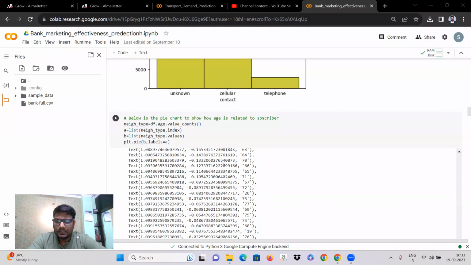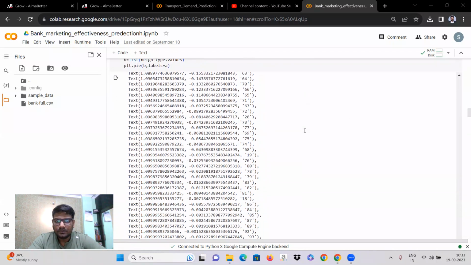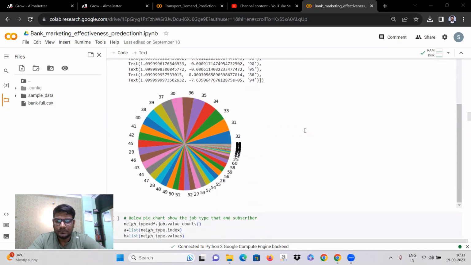And here is a pie chart that displays the age group who subscribe to the term deposit most of the time. The age groups of 32, 31, 33, basically the people in their 30s, have subscribed the most.